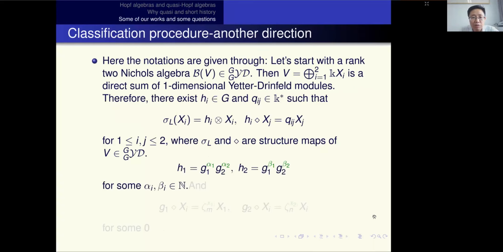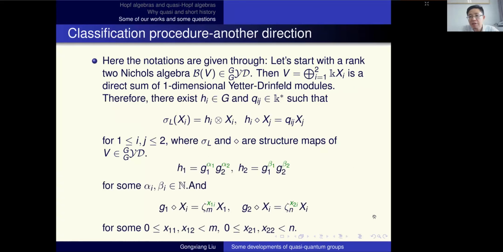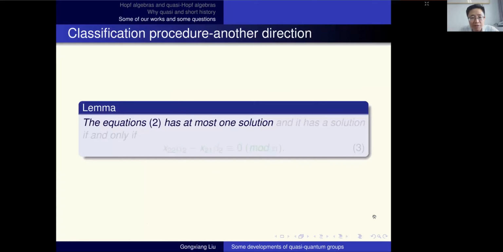Now we just want to explain the meaning of the characters, but you needn't care about it. And the congruence equation can be simplified to the following equation 3. So equation 2 has at most one solution, and it has a solution if and only if this equation is satisfied.